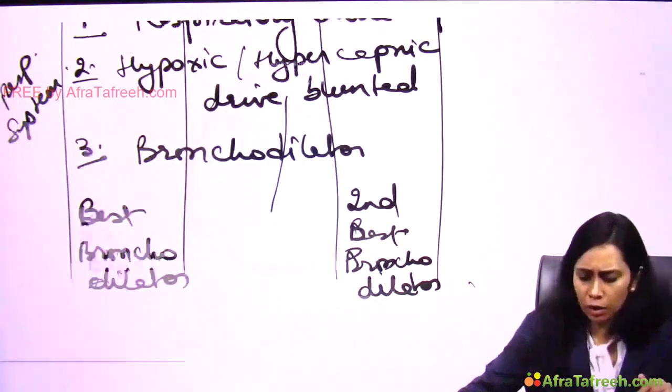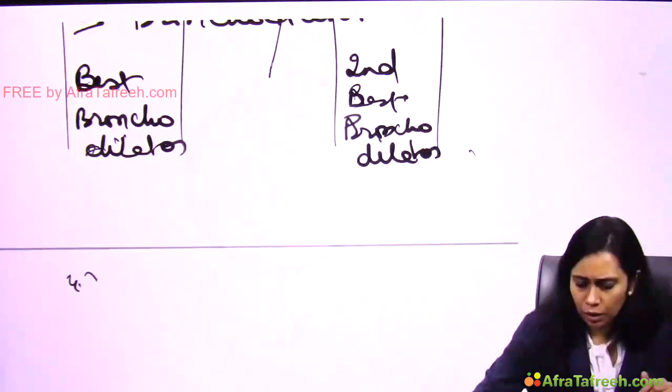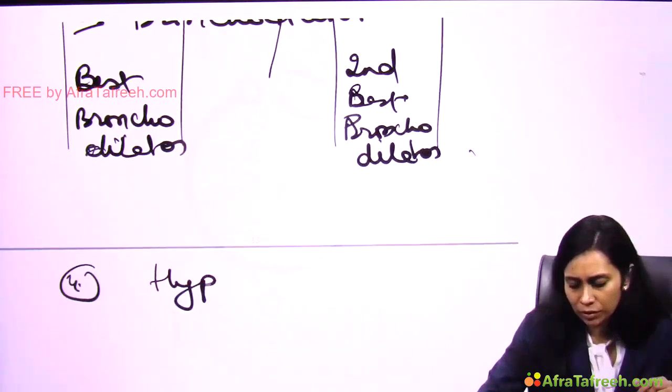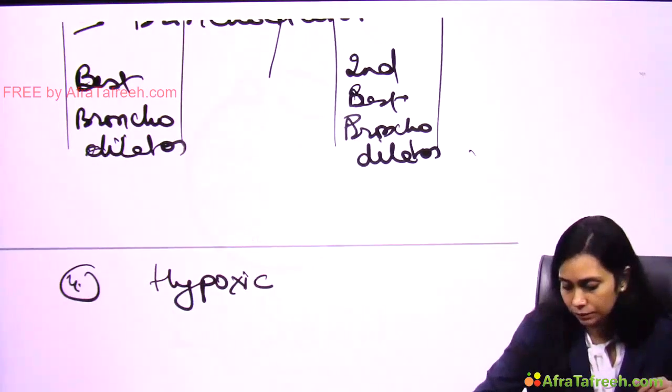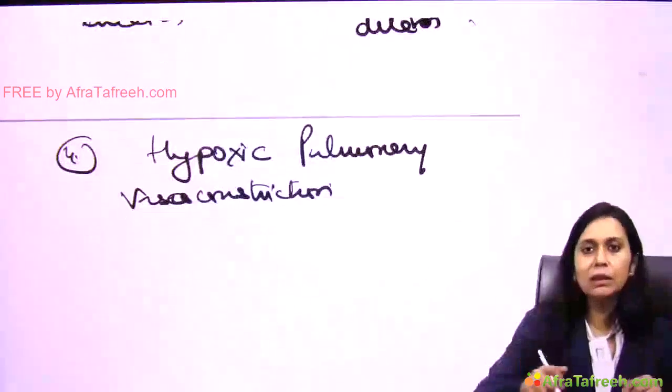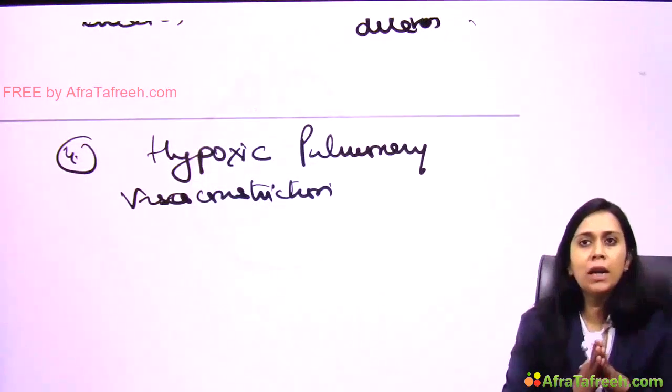Fourth effect on respiratory system. Guys, I hope you know what is hypoxic pulmonary vasoconstriction. What do I mean by this? Whenever there is hypoxia in any organ, the surrounding blood vessels dilate.